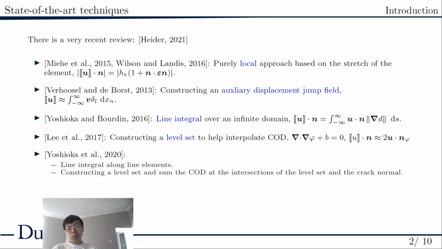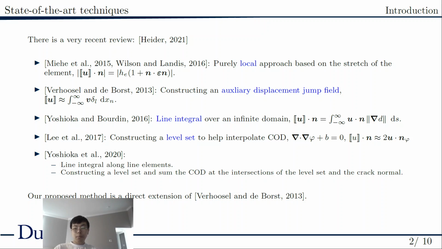They also propose to construct a level set to help interpolate COD at the intersection of the level set and the crack normal, some small distance away from the crack set, and that is supposed to improve the estimation quality.